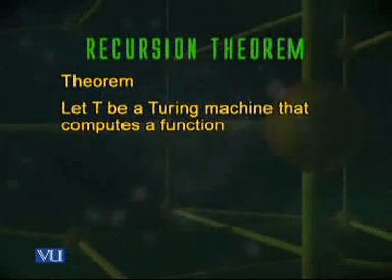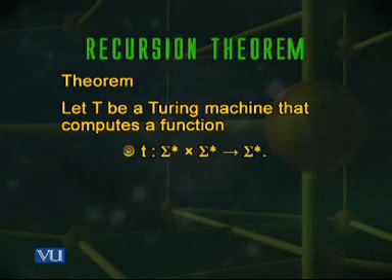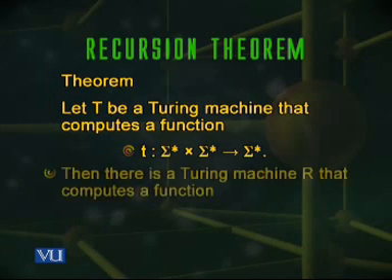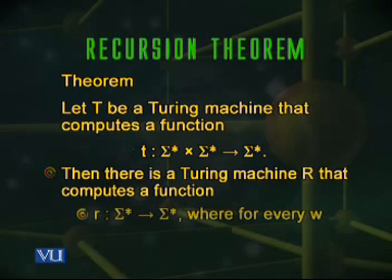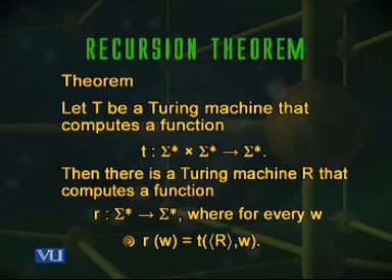Let T be a Turing machine that computes a function little t which maps Σ* × Σ* to Σ*. Then the recursion theorem claims that there is another Turing machine R that computes a function little r, which goes only from Σ* to Σ*, where for every w, r(w) is equal to t(⟨R⟩, w).